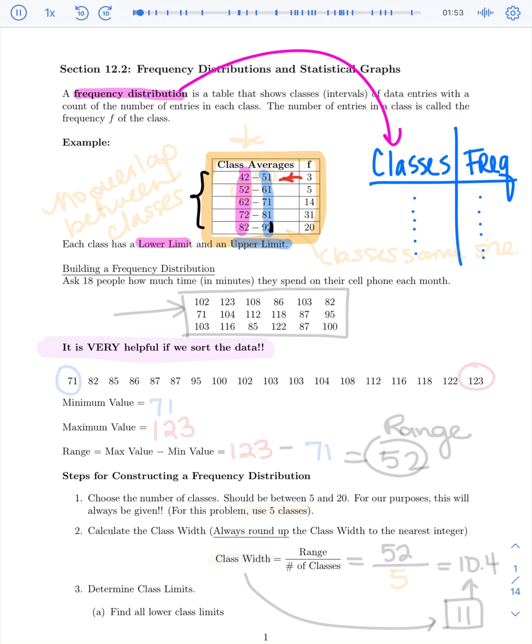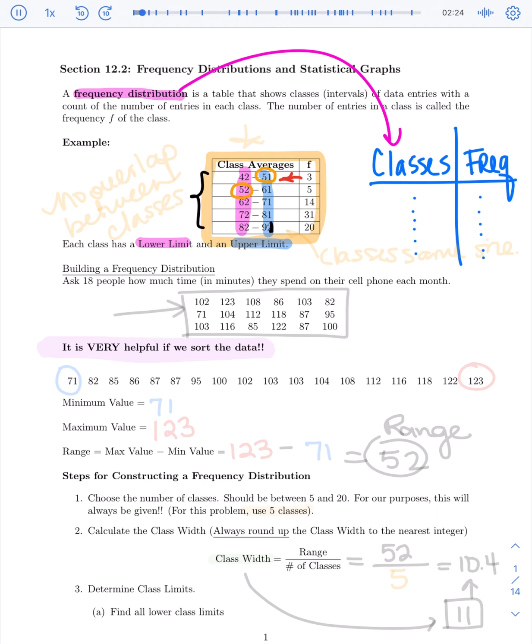Now notice, here's another thing, where one class ends, the other one has to start at least 1 unit after that. The reason being is you don't want to have any overlap between your classes or you might get things double counted. For instance, had the first class stopped at 51 and the next class started at 51, had you had a test grade of 51, it would have got counted in both classes.